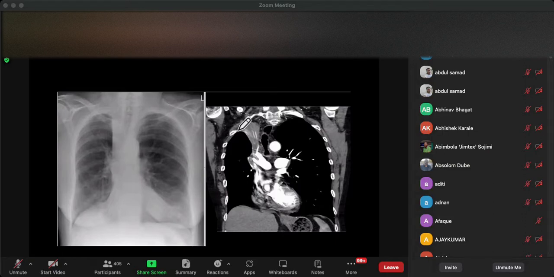And there it is on CT. There's the collapse right upper lobe. And the hilum has been pulled up, and we've got this volume loss, which is more apparent on the chest X-ray than this particular coronal scan.